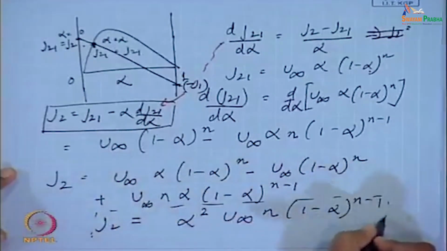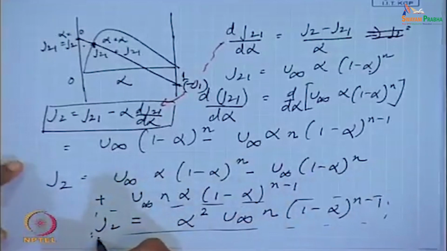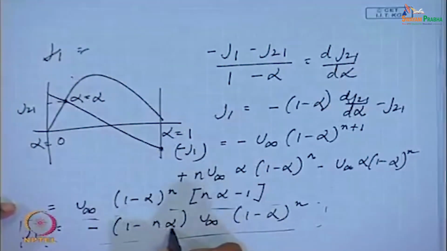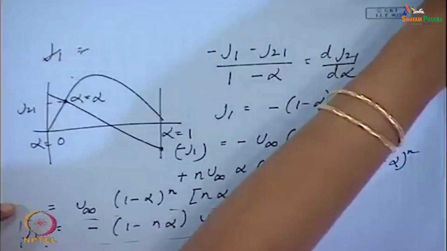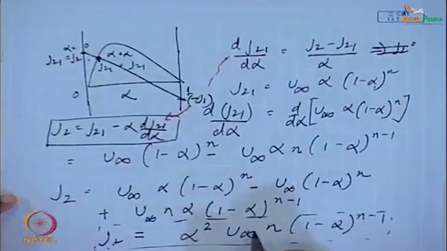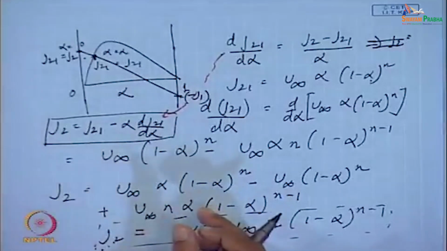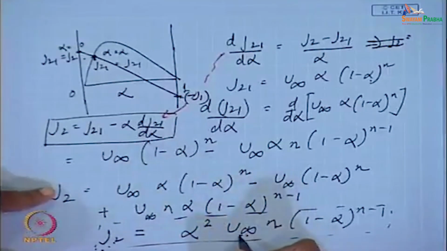So, what are we required to do? We are required to locate this J2 and this J1 for different alpha; they are functions of just alpha, n and u infinity. Okay. For both the cases you will find that they are functions of alpha, n and u infinity. So, n and u infinity depend upon the flow patterns and interfacial distributions, and they are going to be different for bubbly, slug, churn, etc. So, for the corresponding flow pattern you find n and u infinity.